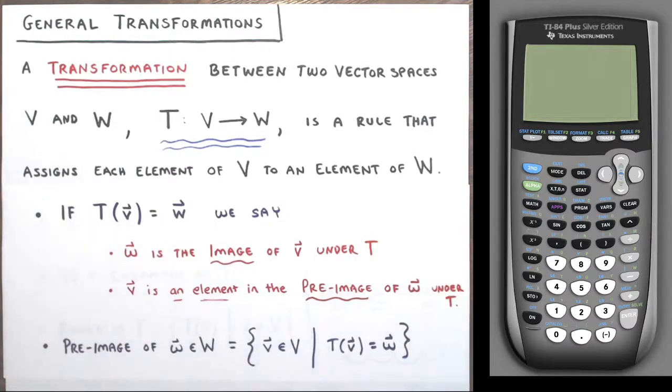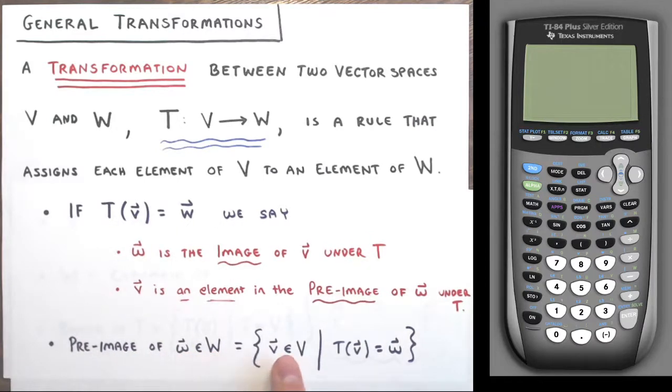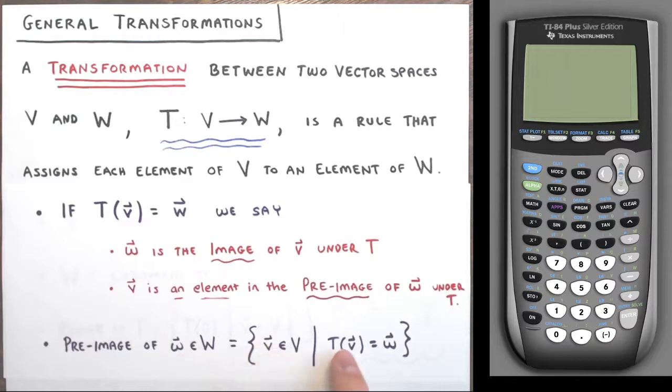All right, because remember, again, going back to our transformations between Euclidean spaces, the pre-image of a certain vector from the codomain, say the pre-image of W, where W is from the codomain, is all the vectors of the domain that have W as an image.